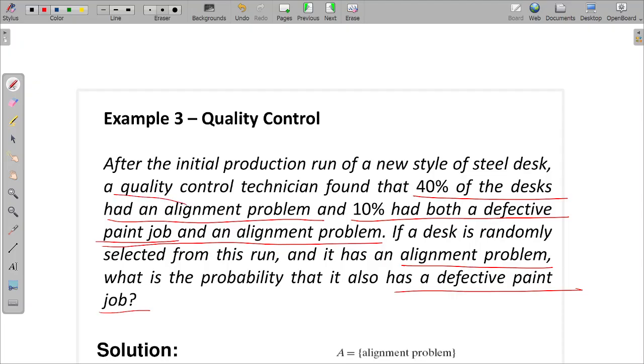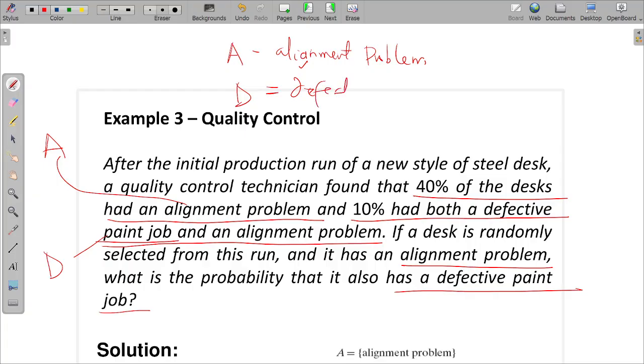So I call the alignment problem A, and I call the defective paint job problem D. Now, what are we given?